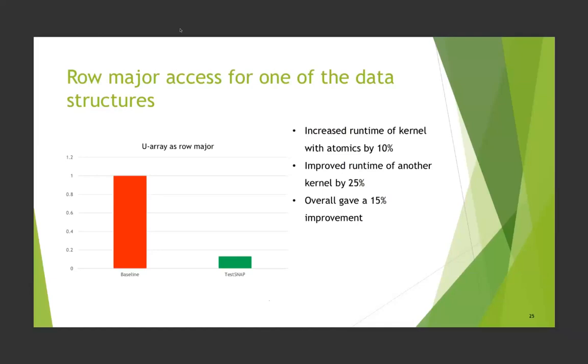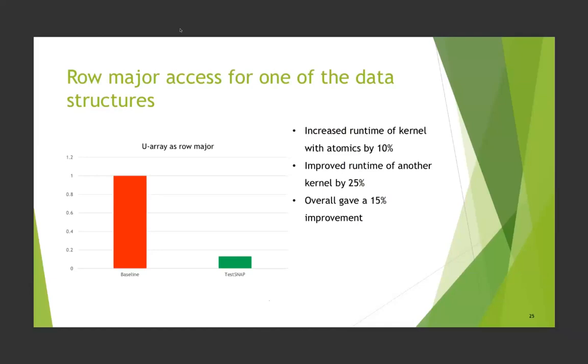The U array is used in two different kernels, one of which has an atomic operation on the U array, for which on GPUs it would be better to have column major access. But on the other kernel, the access pattern was so different that it was much better to have row major access on the GPUs for the U array compared to column major.